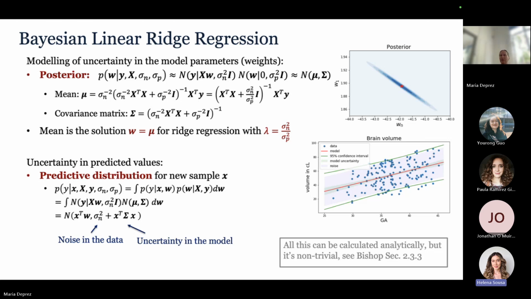So even if the noise in the data is homoscedastic, we still have different variances for different points because of the model. That was one thing we were checking because we were not sure about it: whether with homoscedastic noise we would still get confidence intervals that depend on the features. This is the reason why.